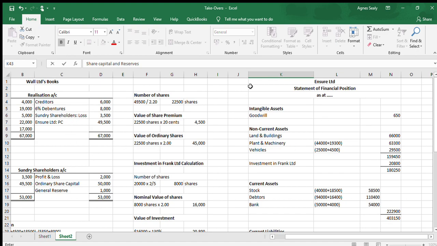So that's it for our session on takeovers, and you can always pause, rewind, and go back and look at the video over and over.